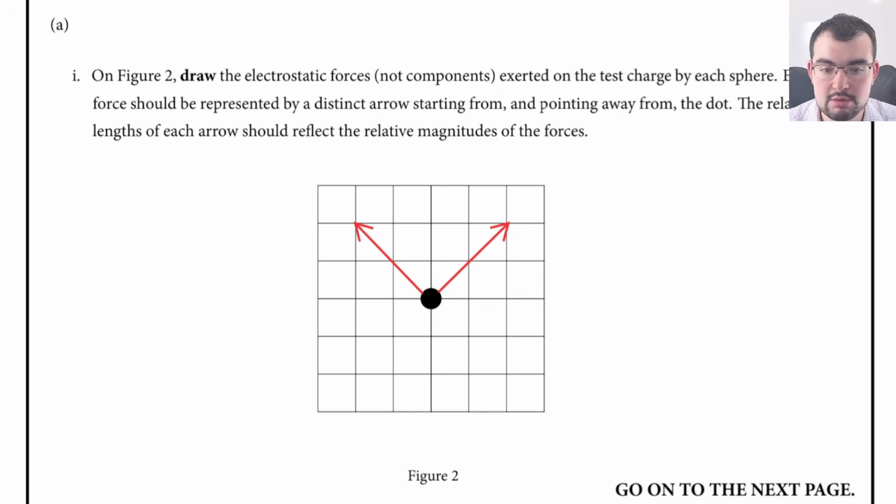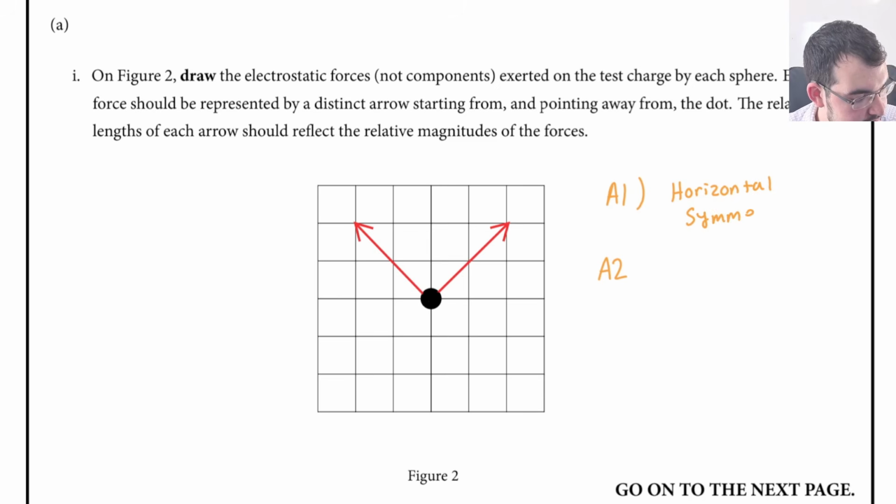So how did you get your points here? Well, the diagram on the MR is worth 2. Your first point was for anything with horizontal symmetry. And then for A2, you had to have a net force up.